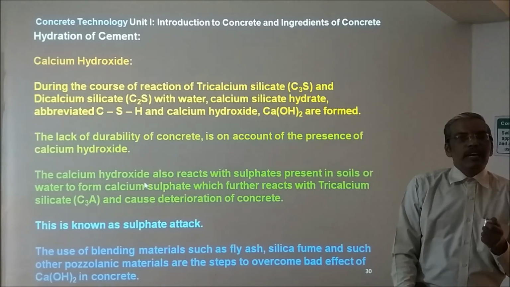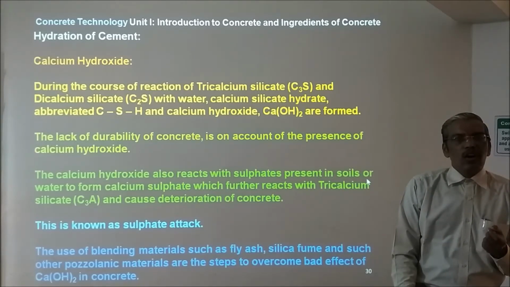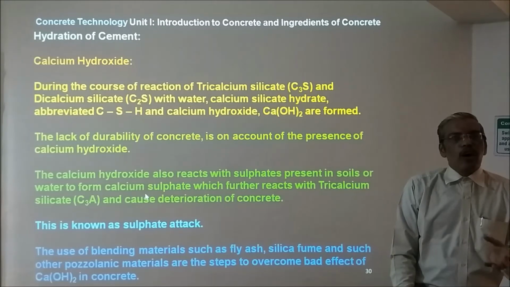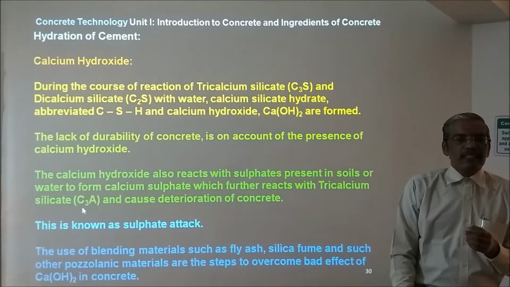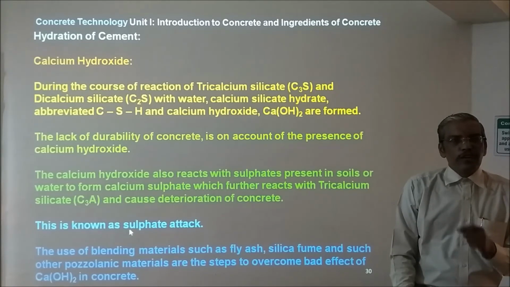The calcium hydroxide also reacts with sulfates present in soils or water to form calcium sulfate, which in turn reacts with tricalcium aluminate, that is C3A, and causes deterioration to the concrete. This is also known as the sulfate attack.